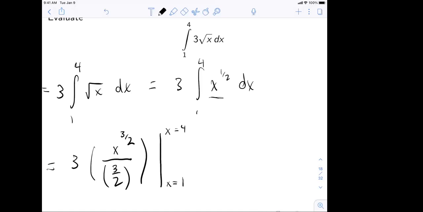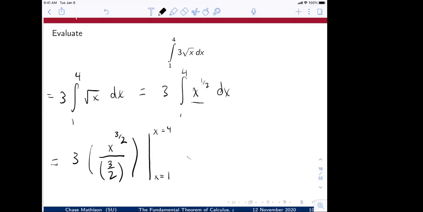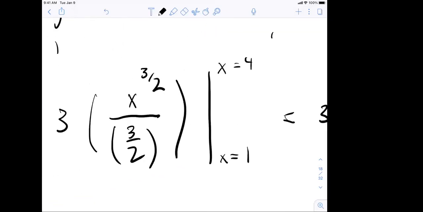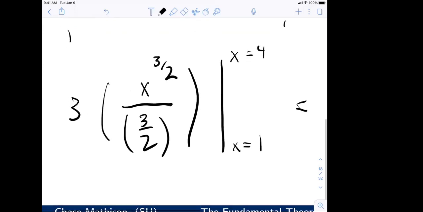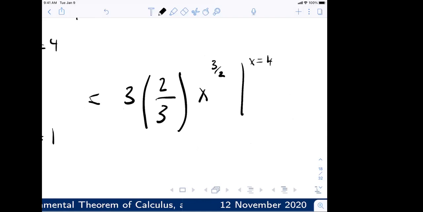Okay. So before I actually plug in, I'm going to do a little simplifying first. If I'm finding x to the 3/2 divided by 3/2, well, divided by 3/2 is a little annoying. I'm going to flip that and turn that into a multiplication, right? So this is going to be the same thing as 3 times 2/3 times x to the 3/2. Evaluate at x equals 4, subtract off when x equals 1.